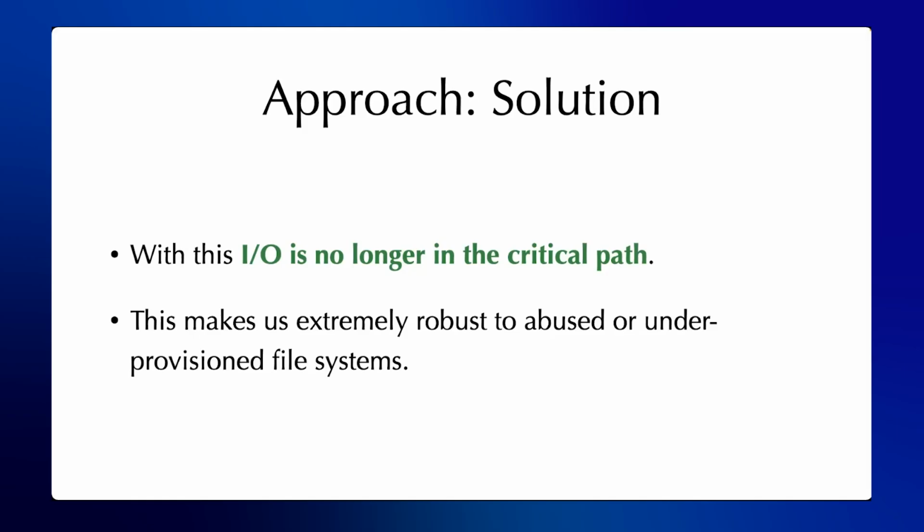Yes, we do support having a timeout, because you may not want it to take 15 minutes for your checkpoint files to be written out, so there is a timeout, at which point we just wait. But in general, this gives us an extremely good level of robustness to abused file systems, because again, it's all being done in a thread, no questions asked.